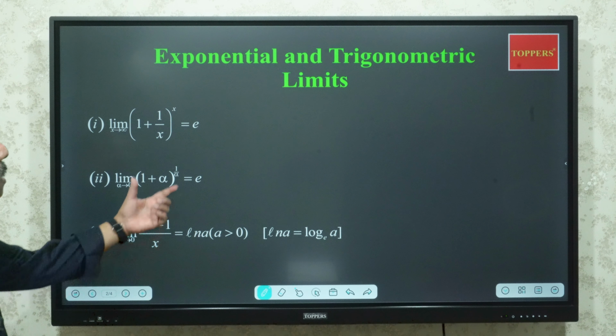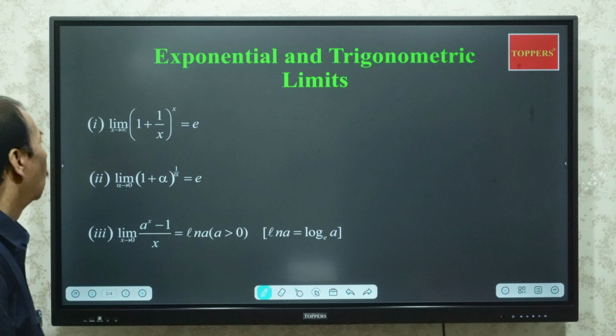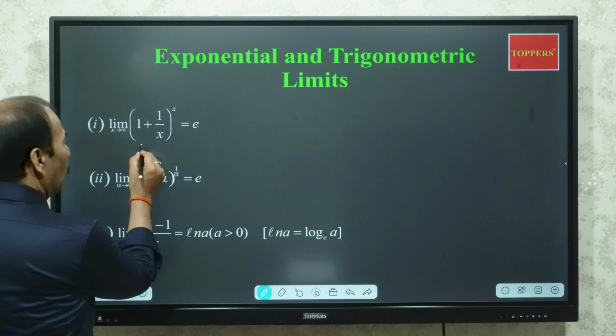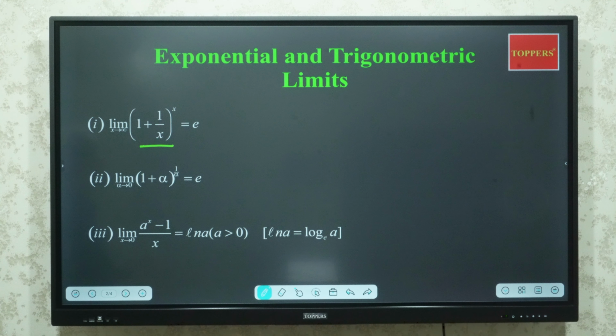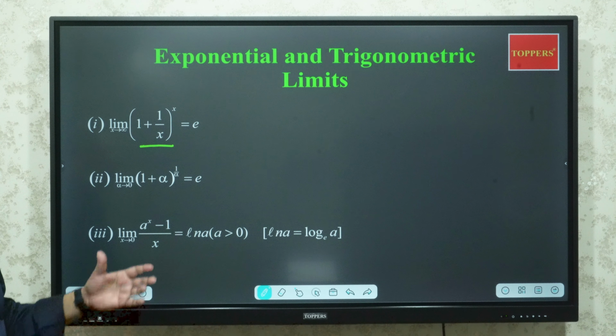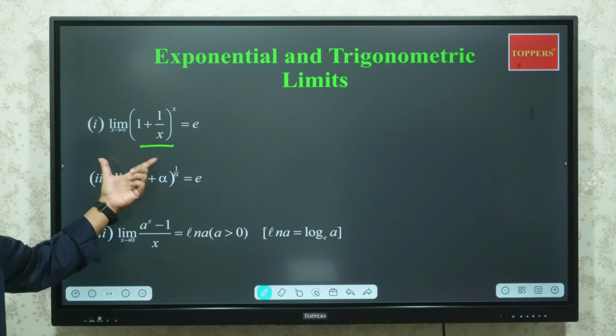Now see the exponential limits, that is the limiting value of 1 plus 1 upon x. These are standard forms. Whenever you observe these standard forms, you can directly make use of these relations.